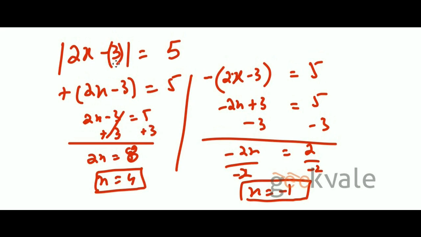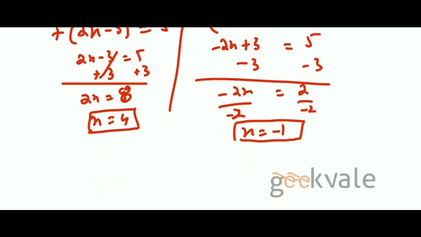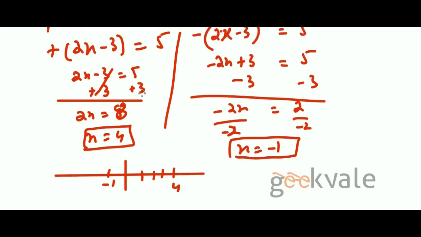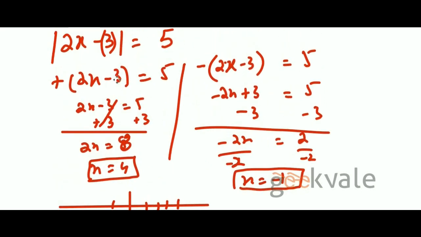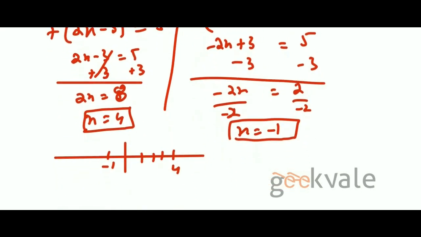We cannot find the central point from here. In other words, if I draw it, it should look something like that. From there you can say minus 1, 1, 2, 3, 4, correct? According to this arrangement, I should have the central point 3, but wait, they are not equidistant from 3.